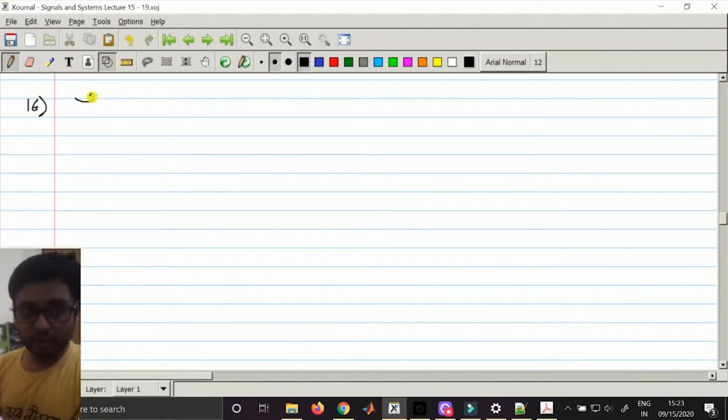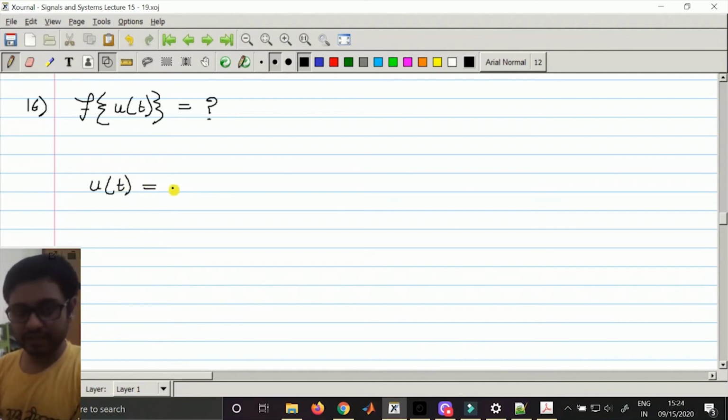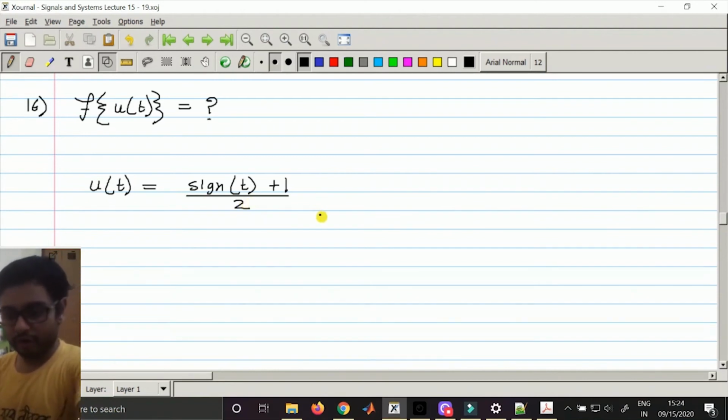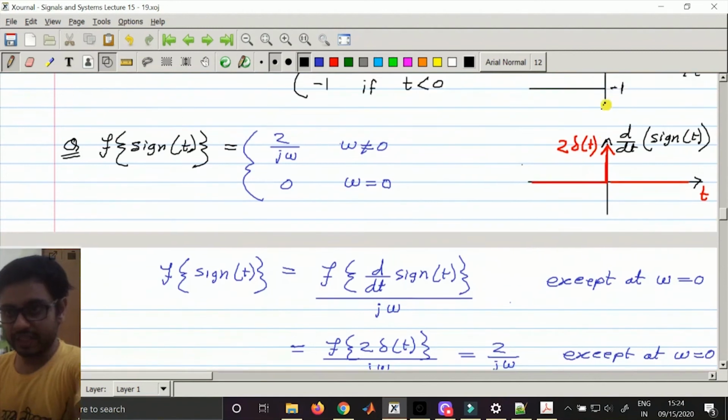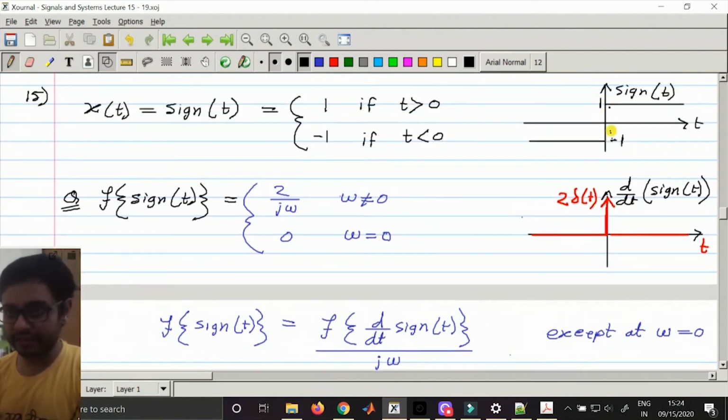Next, what is the Fourier transform of u(t), the unit step function? This is very easy to find out at this point. u(t) can be written as signum t plus 1, whole divided by 2. Here you see how signum t looks like.